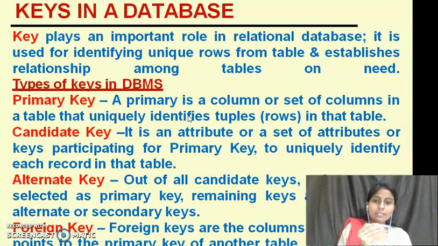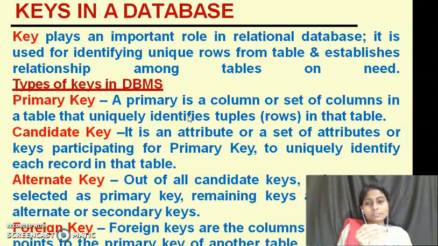In the same manner, if we talk about banks, then the account number is a field that we can consider as the primary key, because no two accounts have the same number, or we can say the same account belongs to different persons. In the same manner, if we talk about the school table, then admission number we can decide as a primary key because that column value will not be repeated.